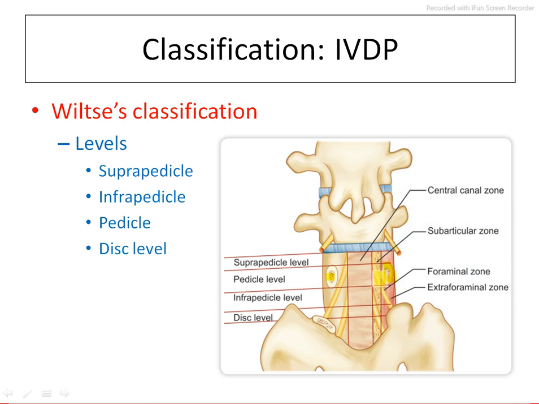If herniation takes place in this region, then it is pedicle level. If it is above the pedicle, it is suprapedicle level. If it is below, then infrapedicle. If the herniation takes place between the level of the intervertebral disc, then it is disc level, like this. So if herniation was only up to this level, then it is disc level herniation.